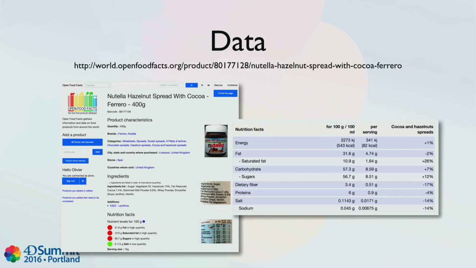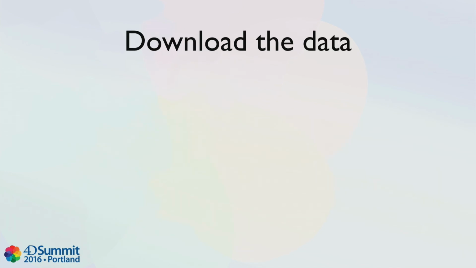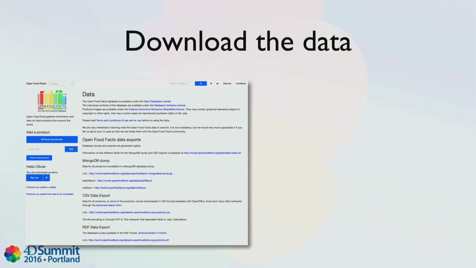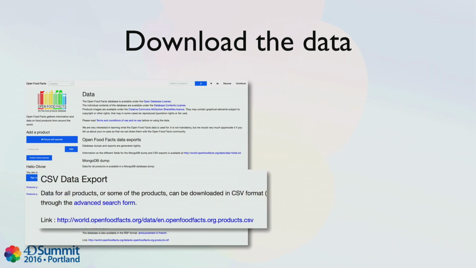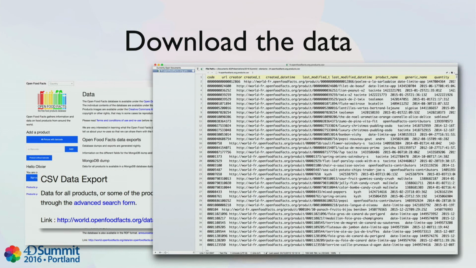Okay, I have a source of data, but now I want to download the data. It's an open source database, so we can download it in a CSV format, like this.